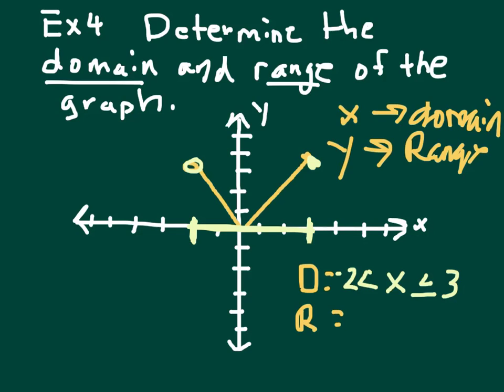Now my range is moving along the y-axis. So in other words, and I'm going to put this in a different color, moving from right here, 0, all the way up to here. So y can be greater than or equal to 0 and less than or equal to, let's see, 1, 2, 3, 4.